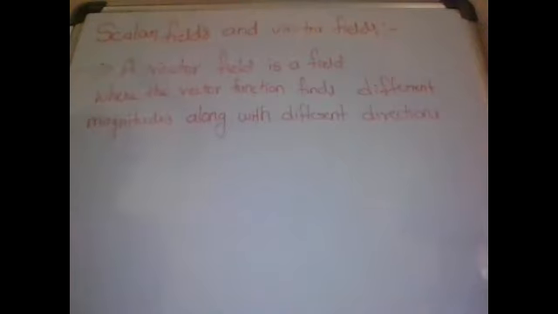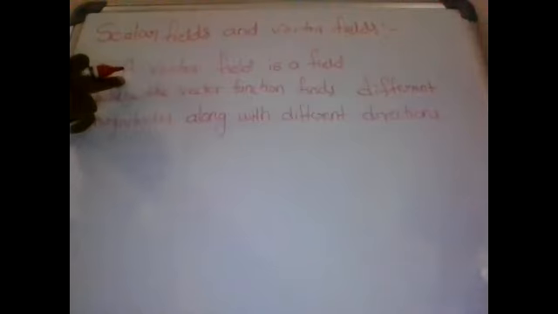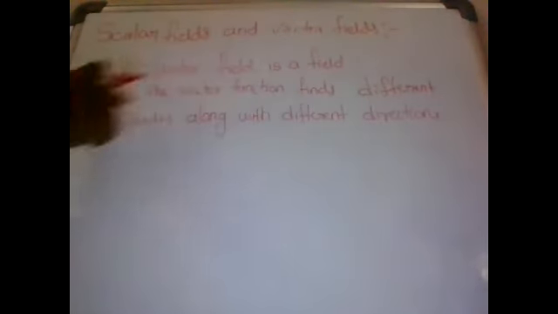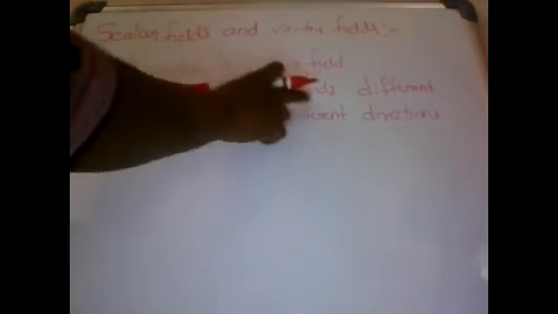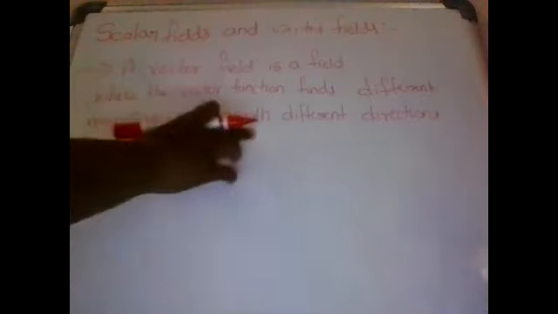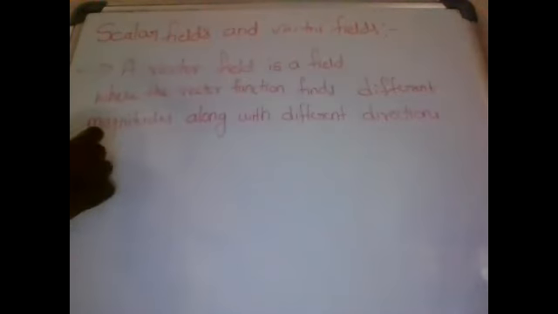What is the vector definition? In a vector, we have both magnitude and direction. So that's why a vector field is defined as a field where the vector function finds different magnitudes along with different directions.